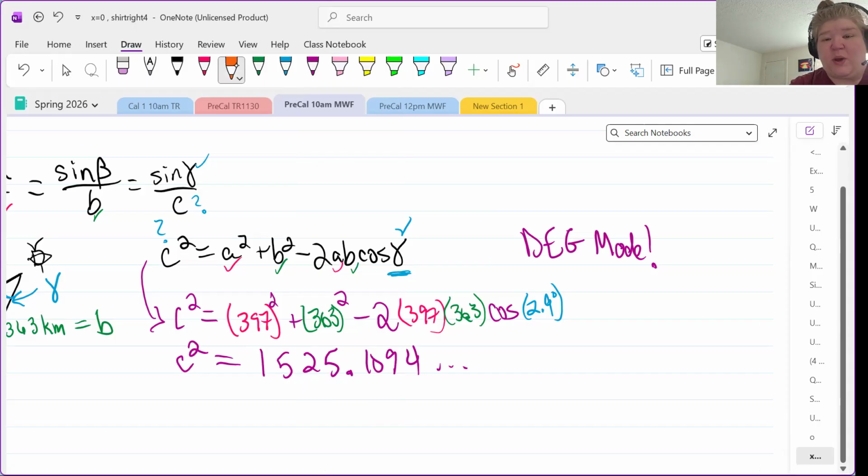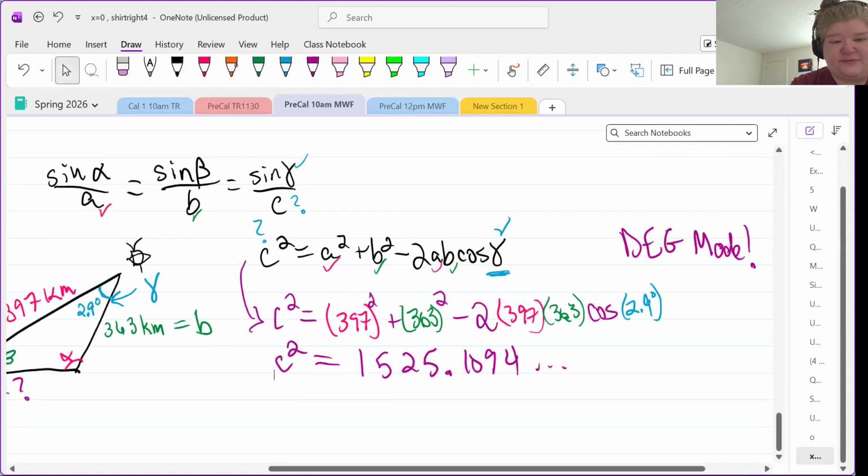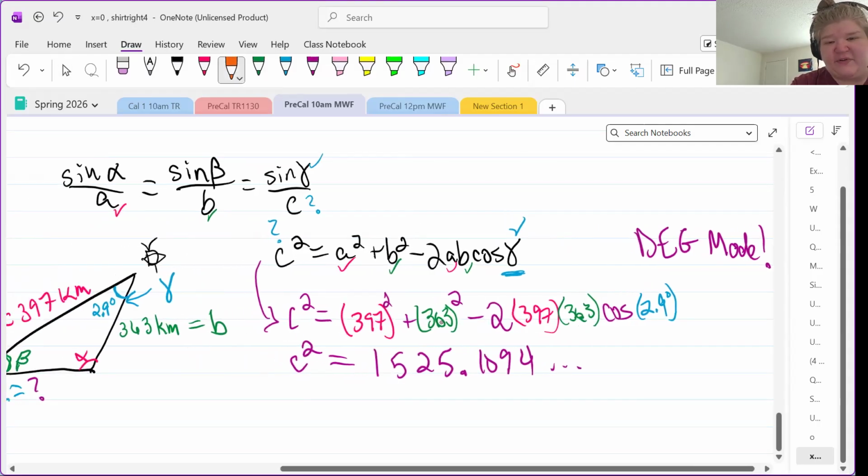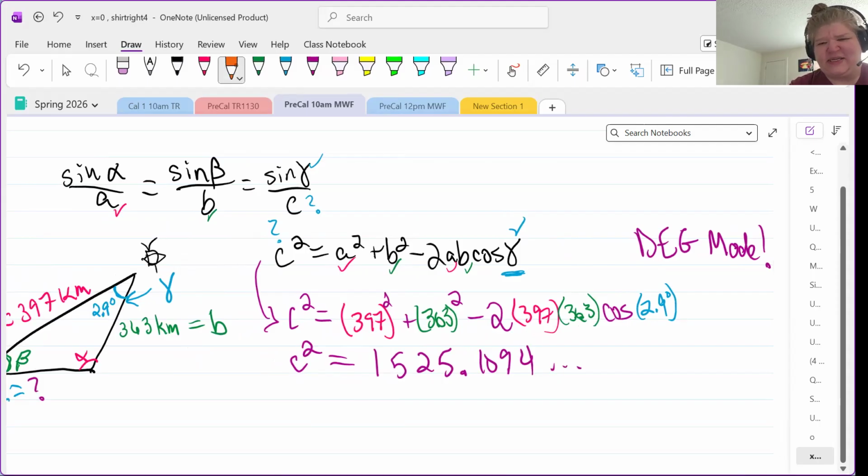That number is way too big for our triangle. We've got 397 and 363. Those two together can't bridge a gap of 1,500. Because 397 plus 363 is only 700 something, like 760.